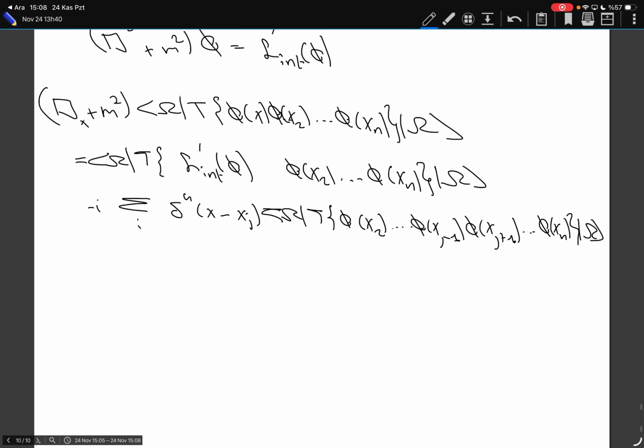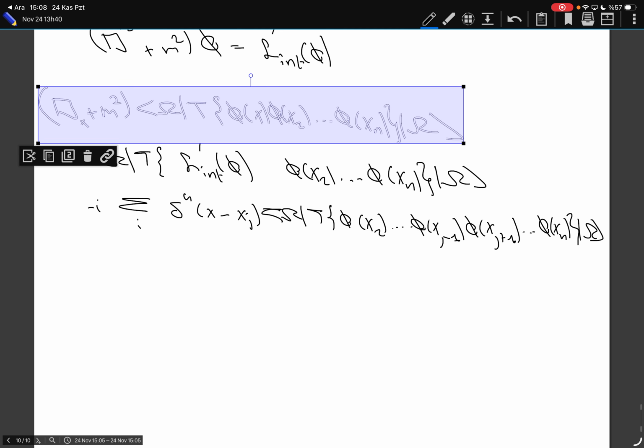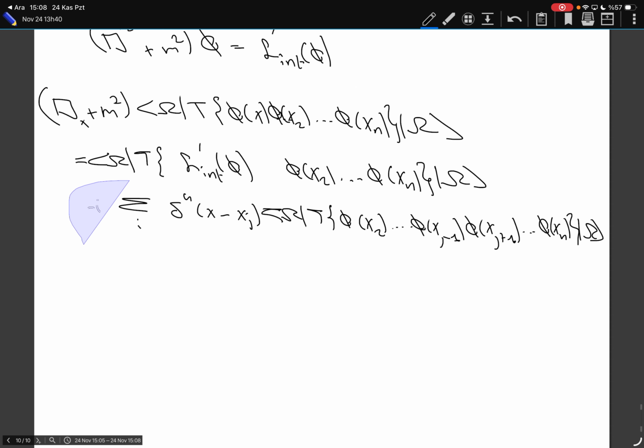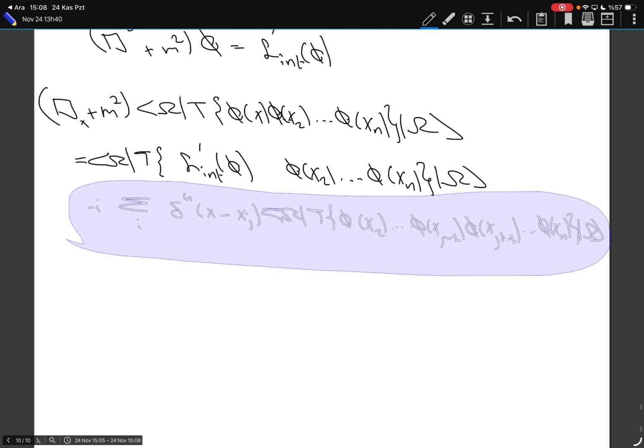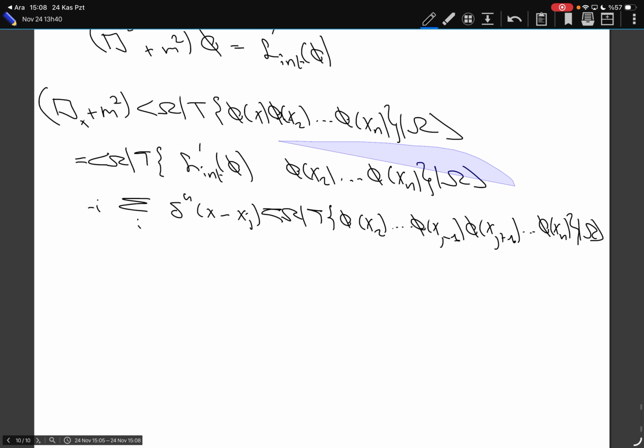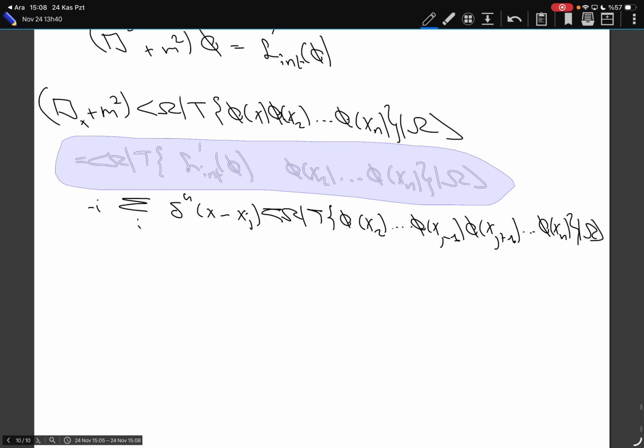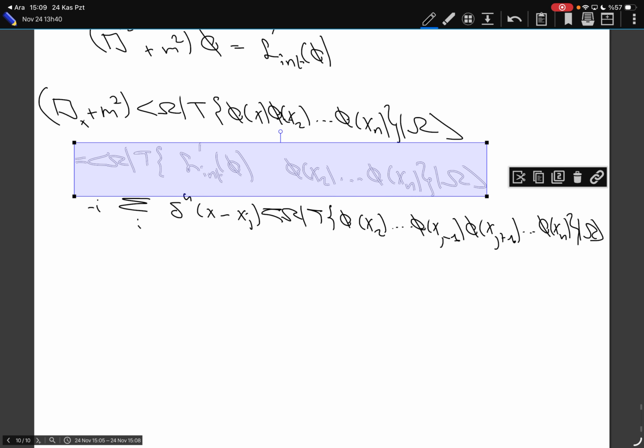So here on the left-hand side, I have my n-point function. On the right-hand side, I have an n-2 point function. And here, this is whatever, it depends on what my interaction Lagrangian is. So we somehow get rid of the phi s, and our equation decreased to n-1 function.